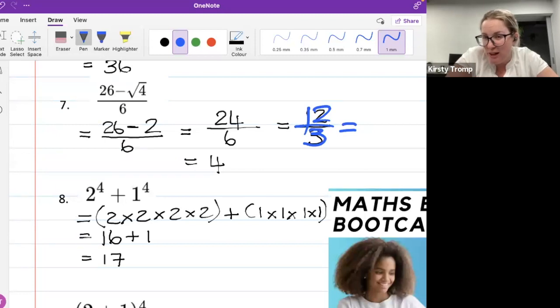What's 12 divided by 3? 12 divided by 3 is 4. Good. And what's 3 divided by 3? 1. And if I say 4 over 1, it's the same thing as saying 4 divided by 1. What's 4 divided by 1? It's 4. Does it make sense? Yes, ma'am.